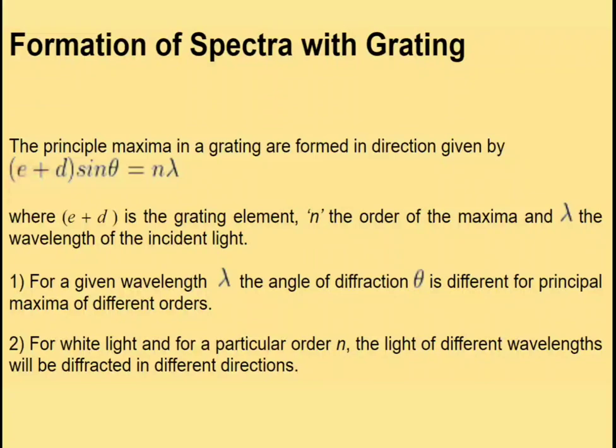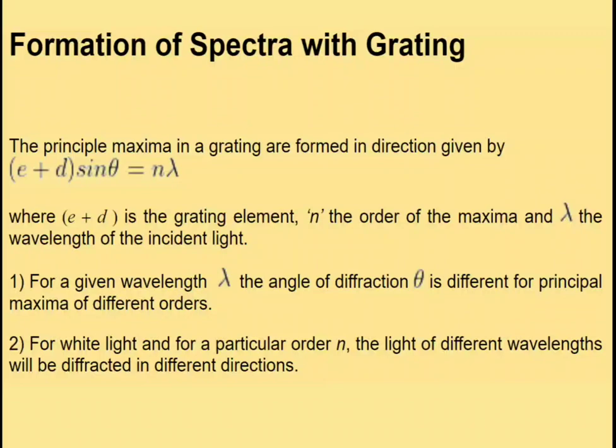Here e is the width of the slit and d is the opaque spacing between any two consecutive slits. Here e plus d is called the grating element, n is the order of the maxima, and lambda is the wavelength of the light incident on the plate.